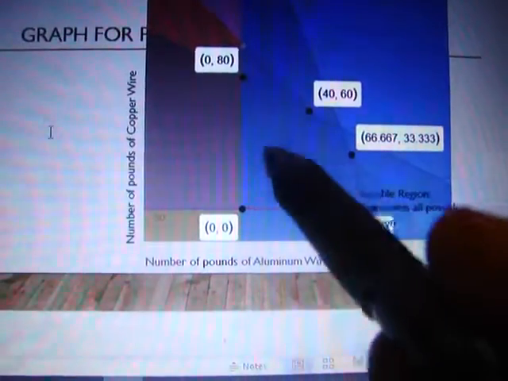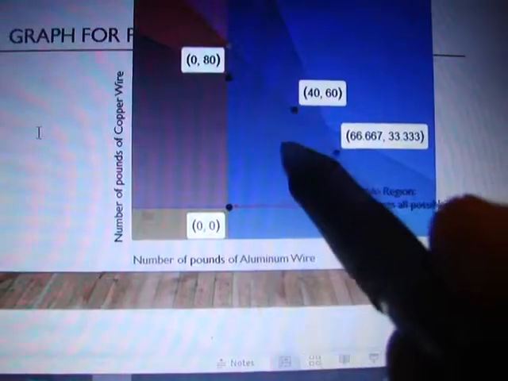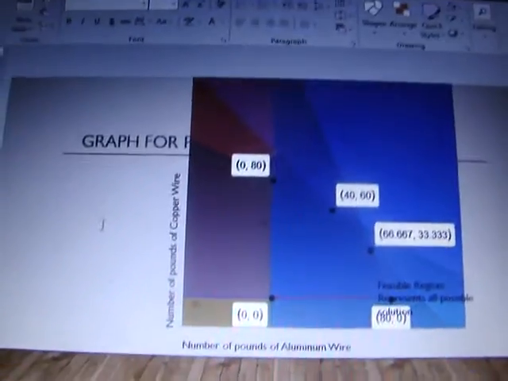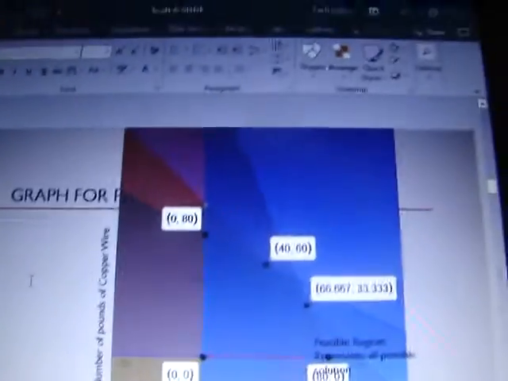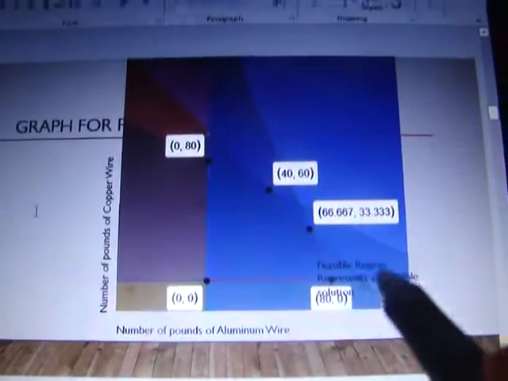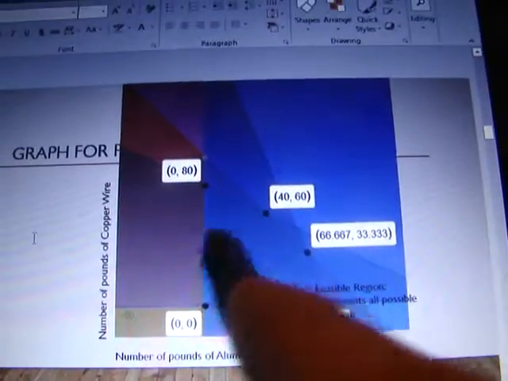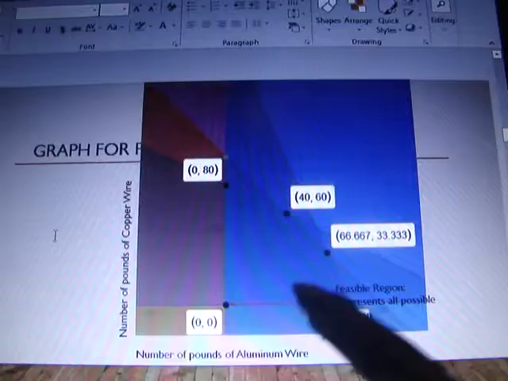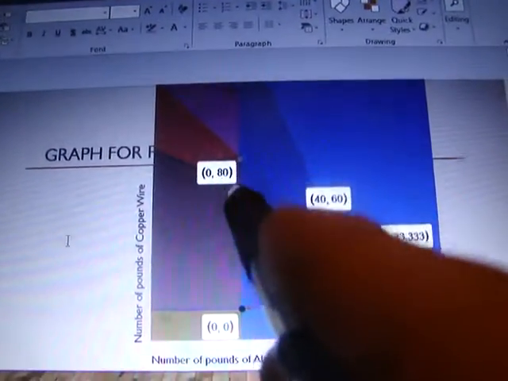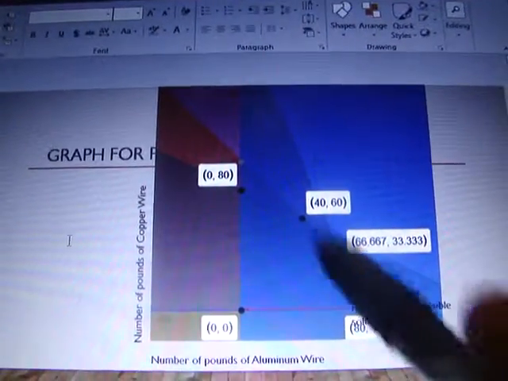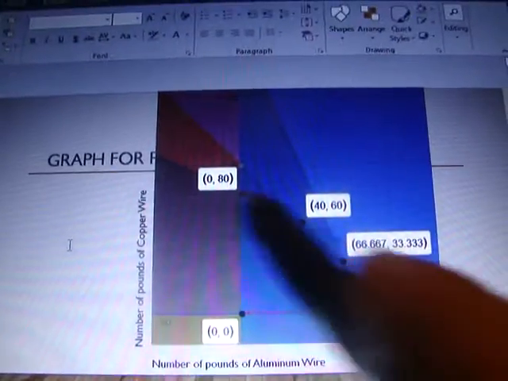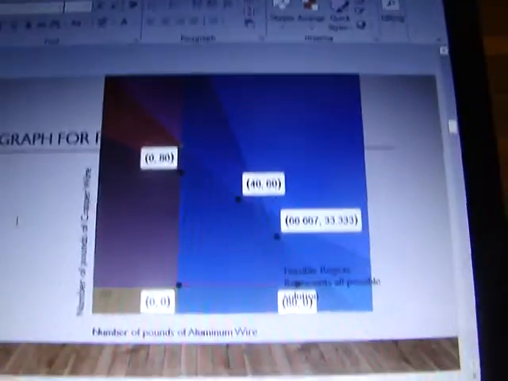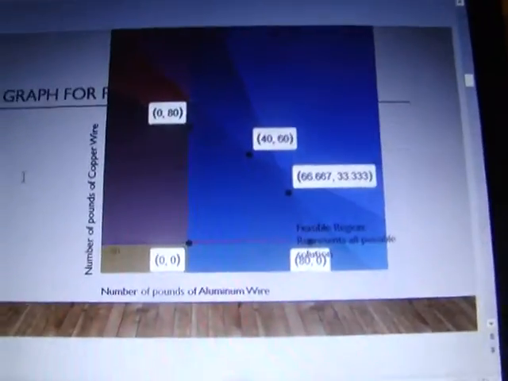It will show your feasible region, which is the shaded region where all the equations overlap. With this, you will find the points where the lines or equations connect. All five of these points are what you have to remember, and they are called your vertices.